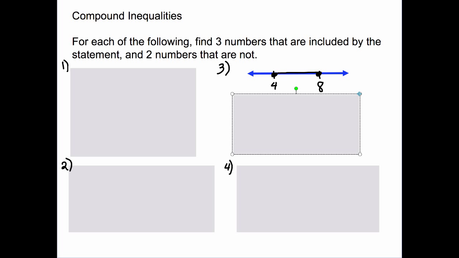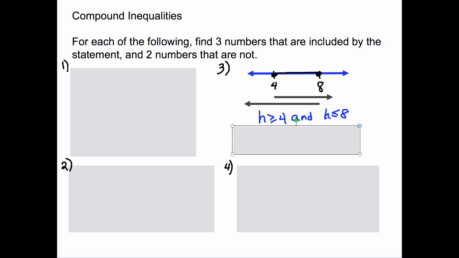So we had numbers between 4 and 8, and that's a combination of numbers greater than or equal to 4 and numbers less than or equal to 8. We can write that as hours is greater than or equal to 4 and hours is less than or equal to 8. And of course, on the number line, that's the area of overlap. Or we can write it this way, 4 is less than or equal to h is less than or equal to 8.